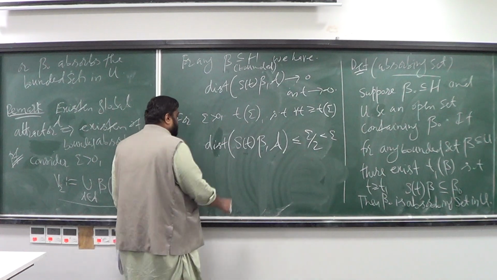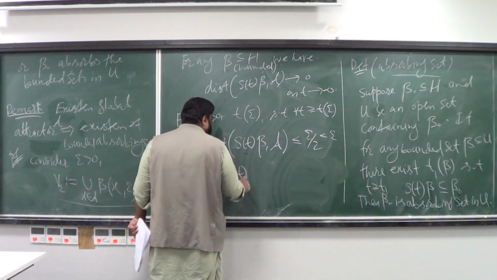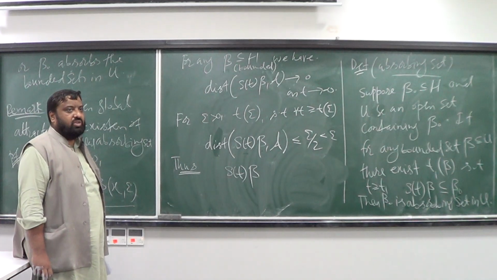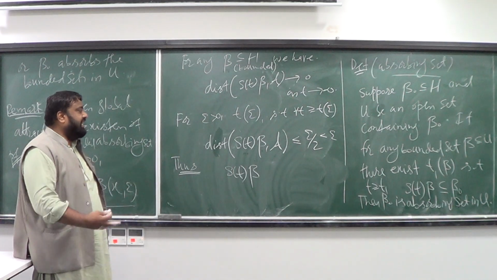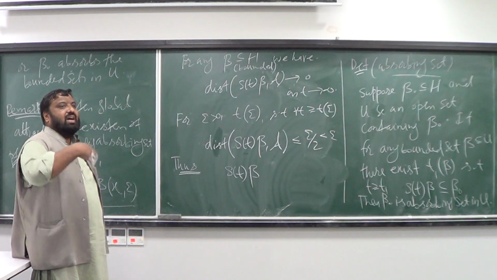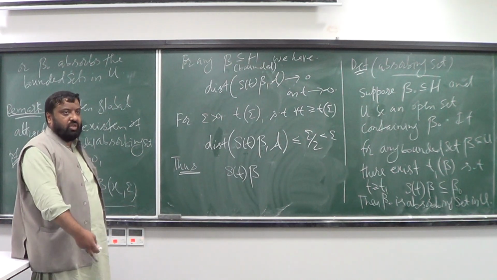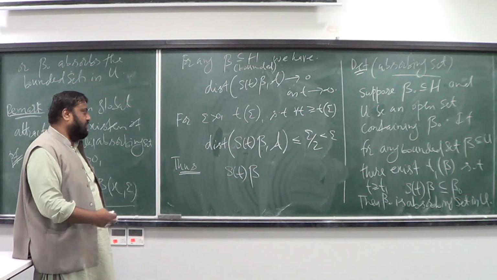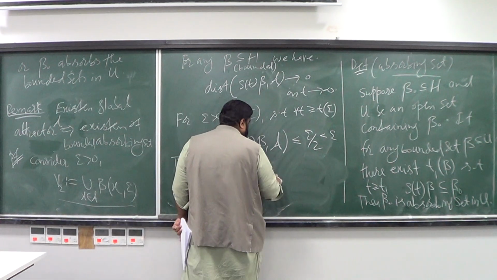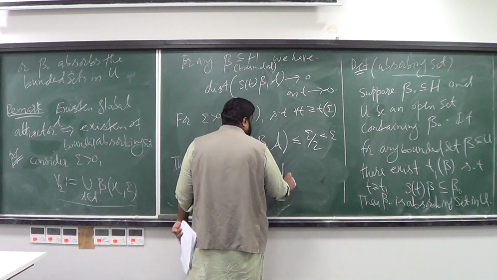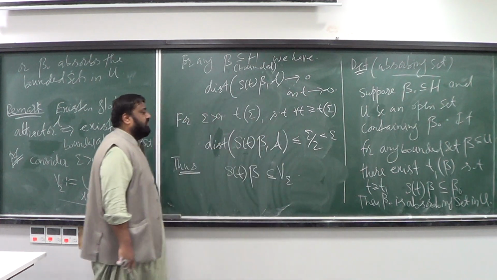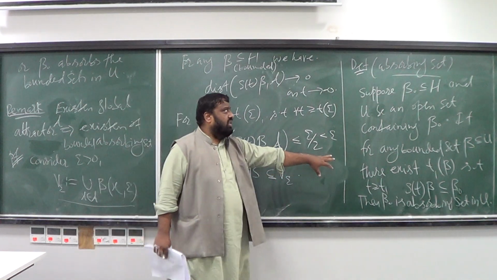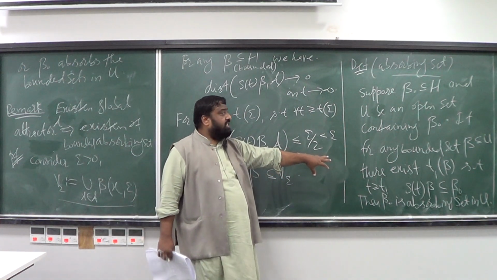So I can say that each element of S(t) operated onto B is sitting inside a ball of radius epsilon, and indeed this is a subset of V epsilon.